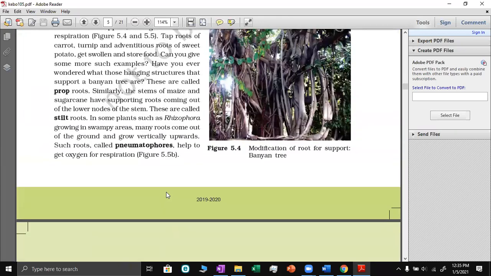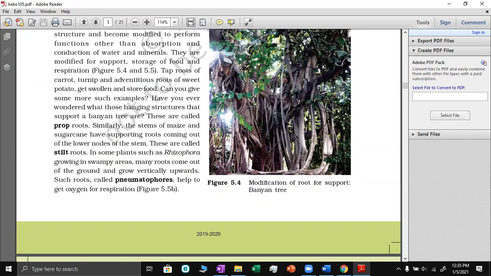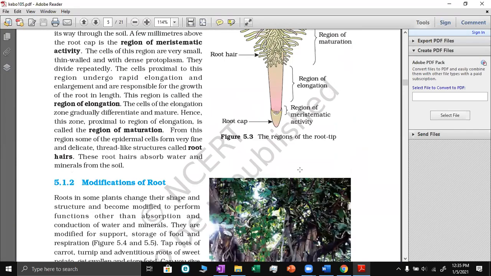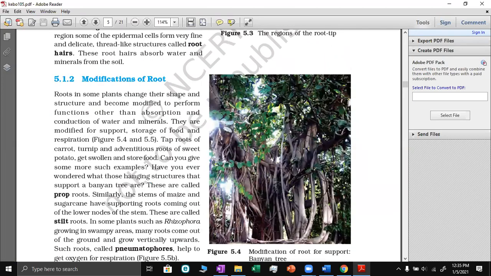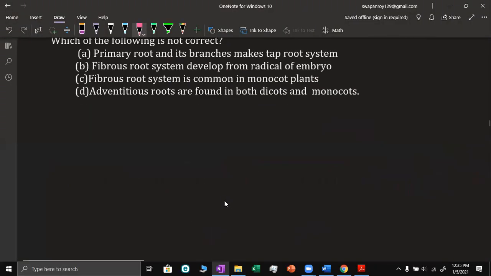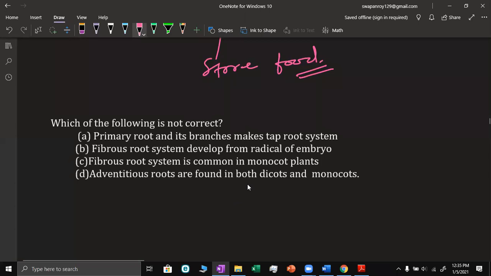Here is the prop root from the banyan tree. Okay, back to next one.